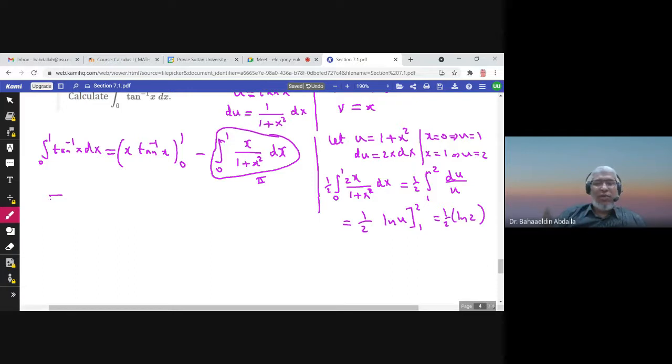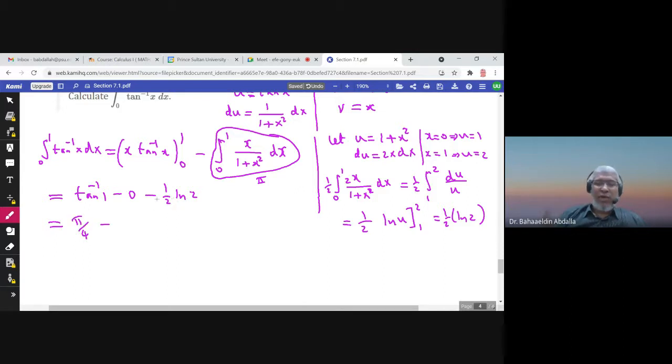So the answer would be, if I replace x by 1 here, I'll have tan inverse 1 times 1 minus 0 times tan inverse 0. So the answer is 0, minus double I, which is half ln 2. Tan inverse 1 is pi over 4.